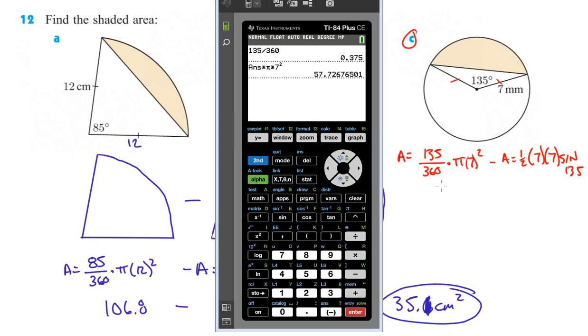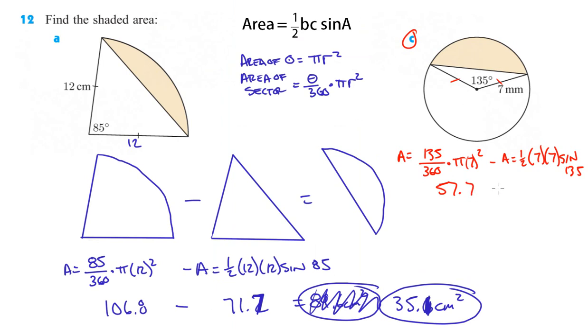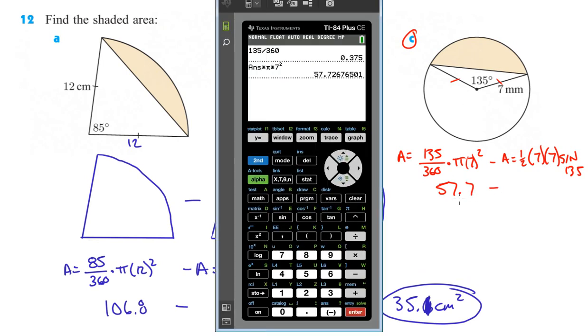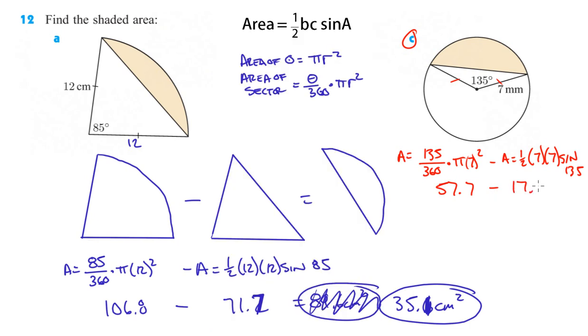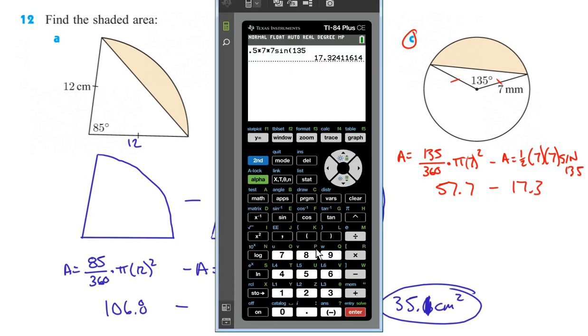I'm going to be really careful to write down the right number here. And then the area of the triangle here is going to be 0.5 times 7 times 7, and then sine of 135. That should be a pretty small number. Good, it is 17.3. And then we go through and subtract those two.